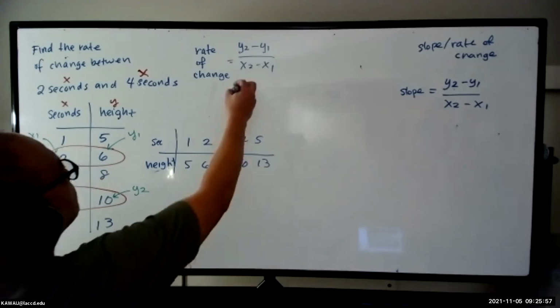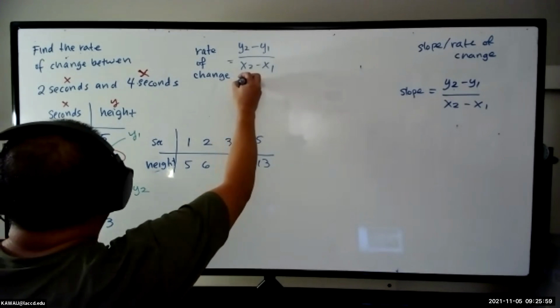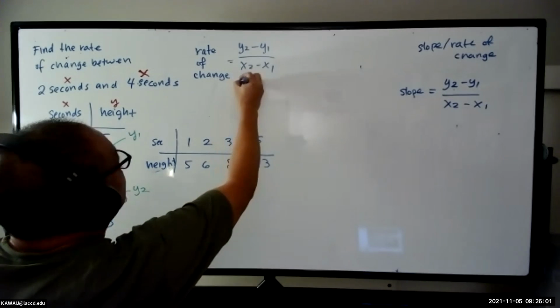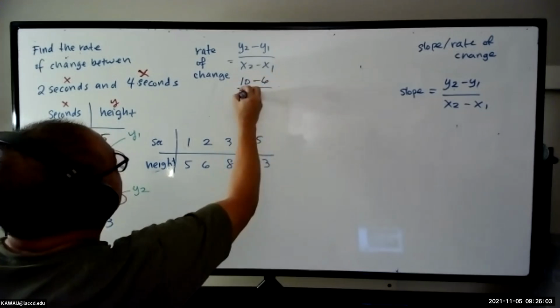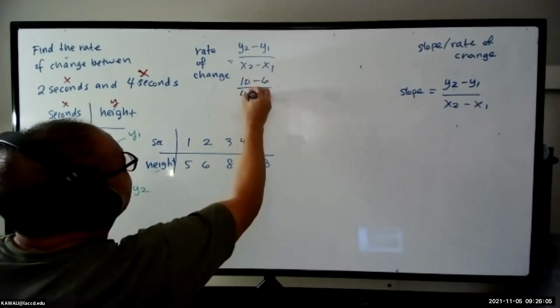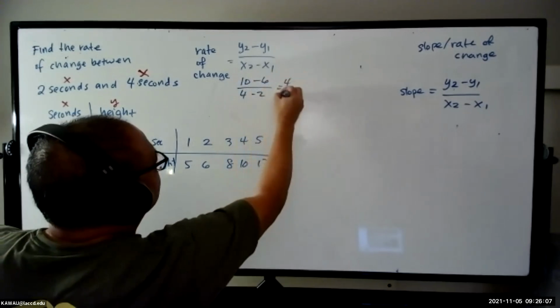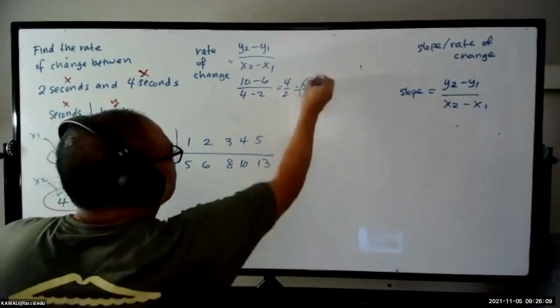So this turns into 10 minus 6 over 4 minus 2, which is equal to 4 over 2, which is equal to 2.